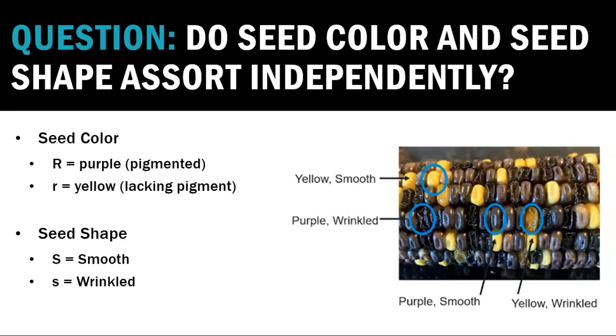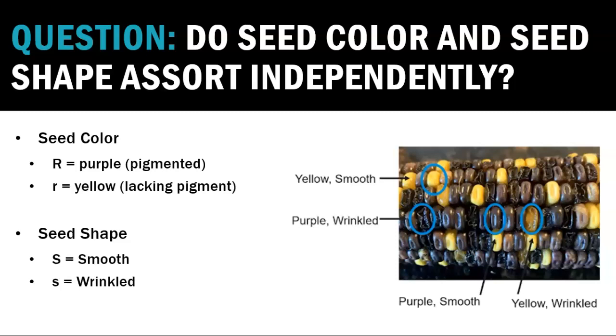The other trait that I'm going to be looking at is seed shape. This is the other phenotype I'm going to be looking at, and I'm going to be using the allele S to show this. A capital S is for smooth seeds, which means smooth is dominant because I'm using the capital letter.